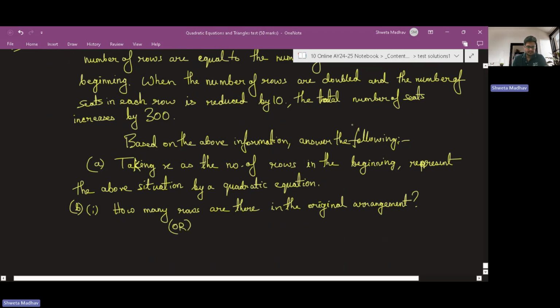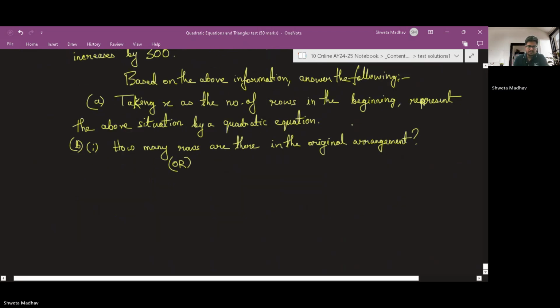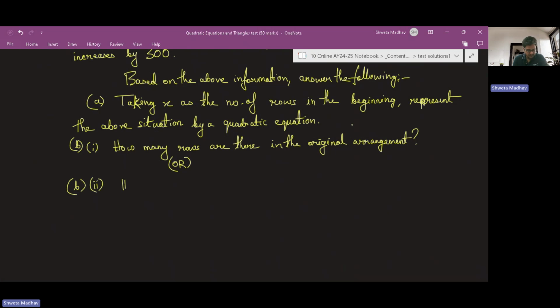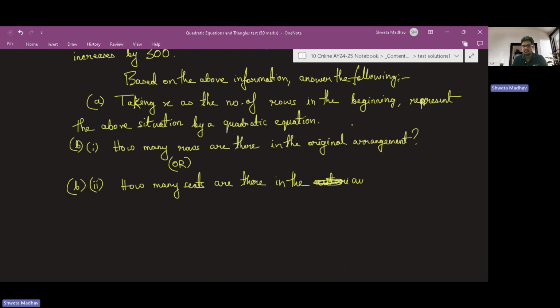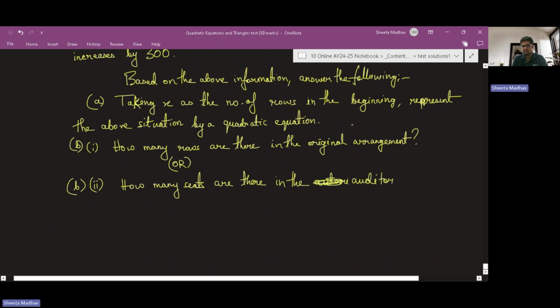Or, in the other part, subpart 2: how many seats are there in the auditorium in the beginning?